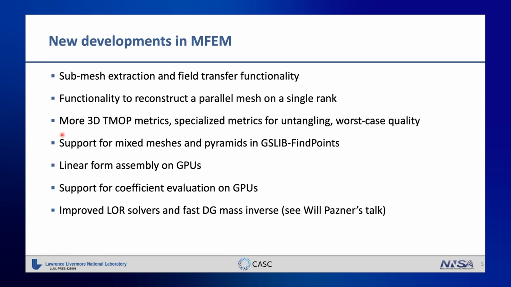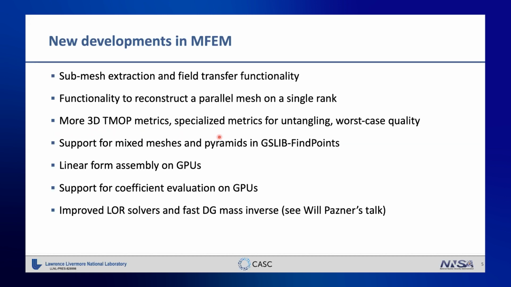Another meshing related feature is we've extended the 3D TMOP metrics. TMOP stands for target matrix optimization paradigm. This is a mesh optimization paradigm via node movement, and we've been doing a lot of work in the area of optimizing high-order curvilinear meshes.